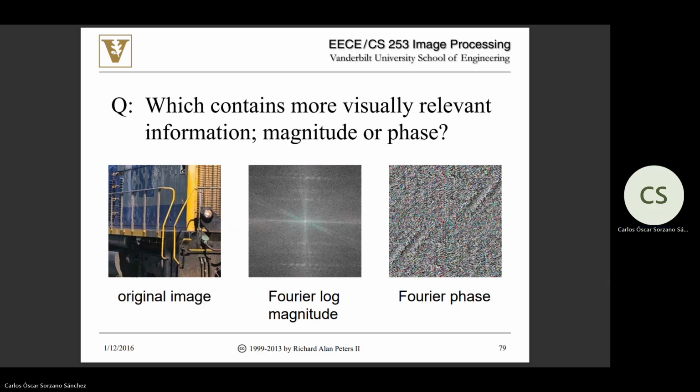And the way to look at that would be, okay, why don't I set all the phases to 0, I do the inverse Fourier transform, and let's set all the magnitudes to 1. So if I set all the phases to 0, there is no information in phase. If I set all the magnitudes to 1, there is no information in magnitude.